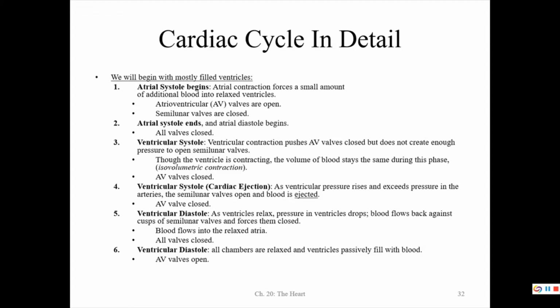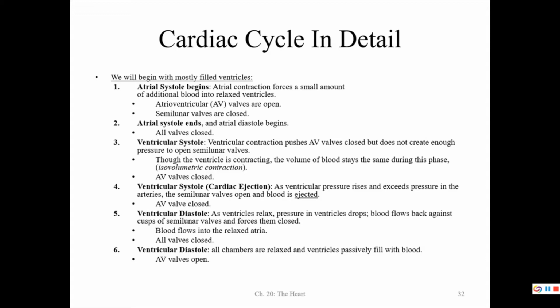When the atria undergo diastole, the atria are no longer squeezing. They're no longer putting pressure onto the AV valves. The AV valves will close. So all valves will be closed during the end of atrial systole and the start of atrial diastole. And I kind of wish I put atrial diastole in bold because I got two for one here.